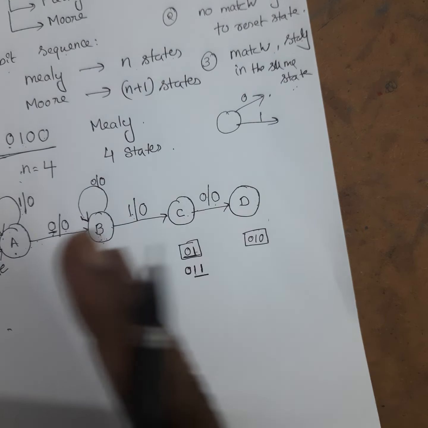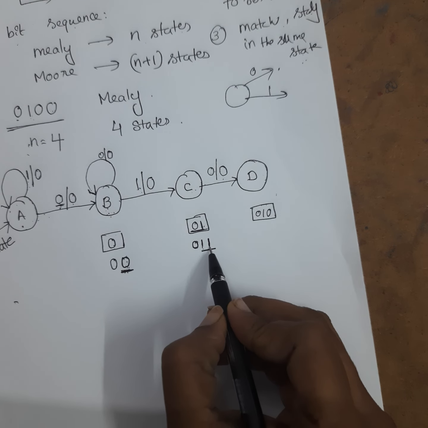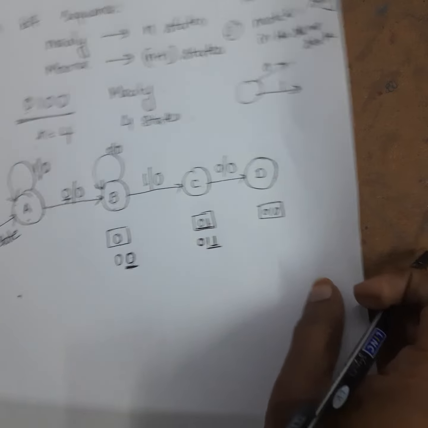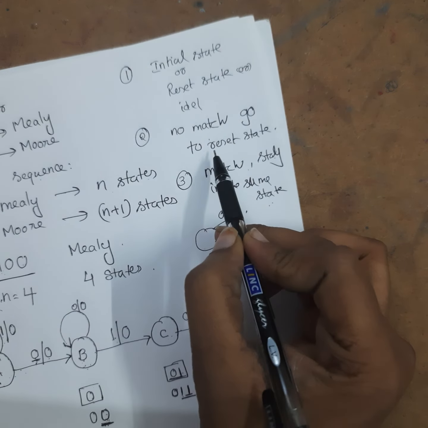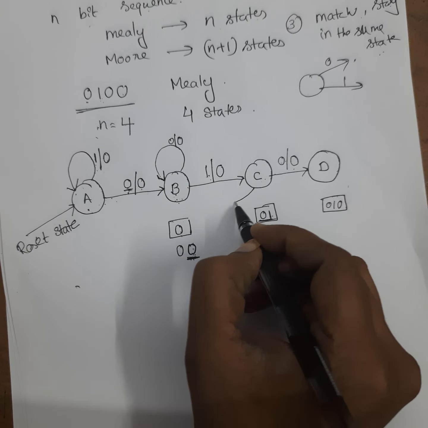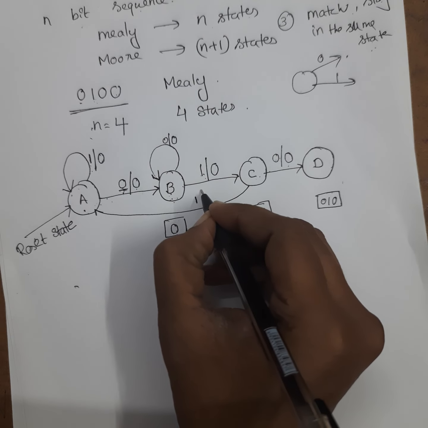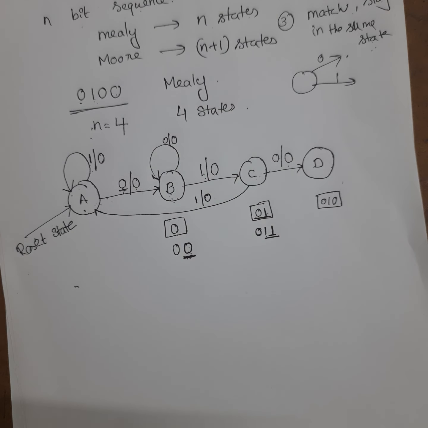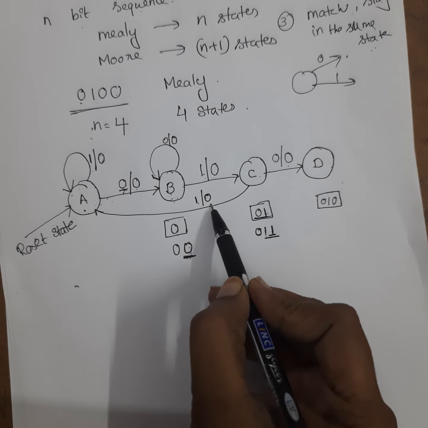So then go to the previous state and compare with 1 bit only. 1, 0: no match. If there is no match, go to the reset state. So for 1, the reset state with 1 by 0: the input is 1 and the output is 0.